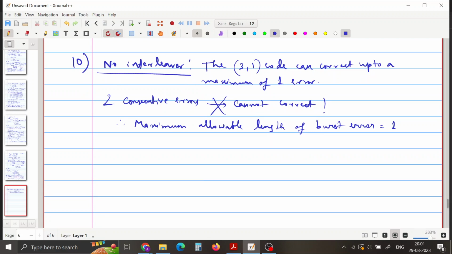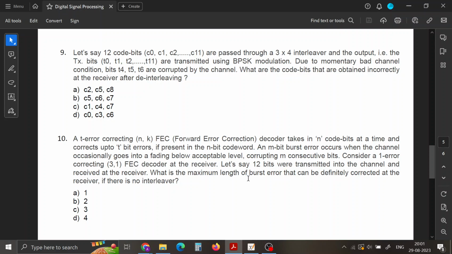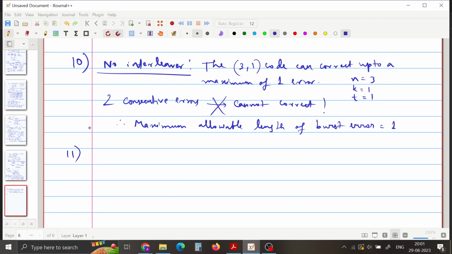So this was n equals 3, k equals 1, t equals 1. It can correct only 1 error, so that's the maximum length which is allowed. Now going to our last question. So this was option A. Option A is only 1.